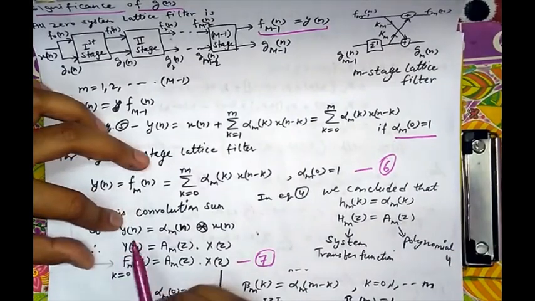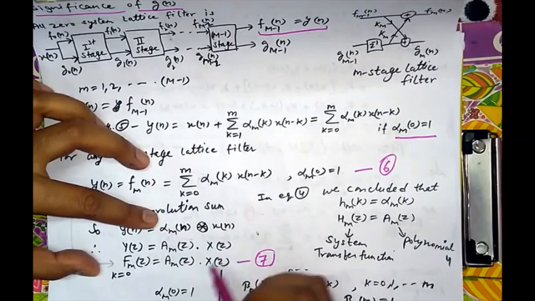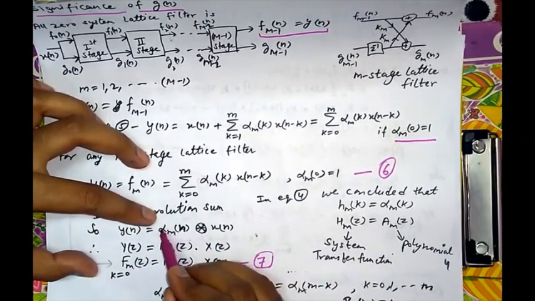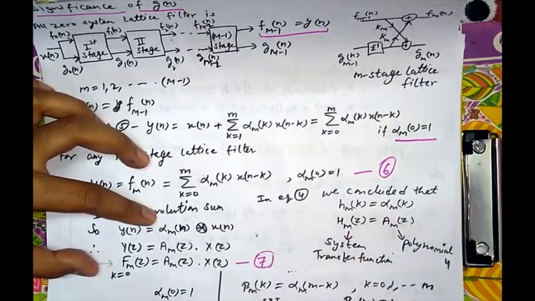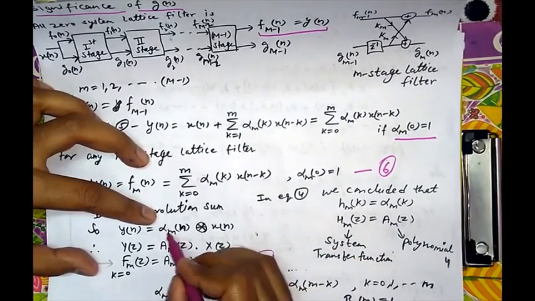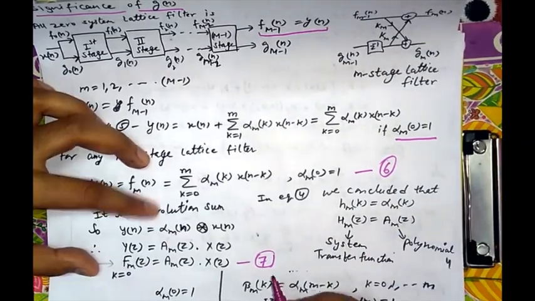So remember, yn is equal to hn convolution xn. We know it very well previously because output is always equal to the convolution of xn and hn. That is taken from here. Now it is in polynomial form simply. In an LTI system, it is simple.